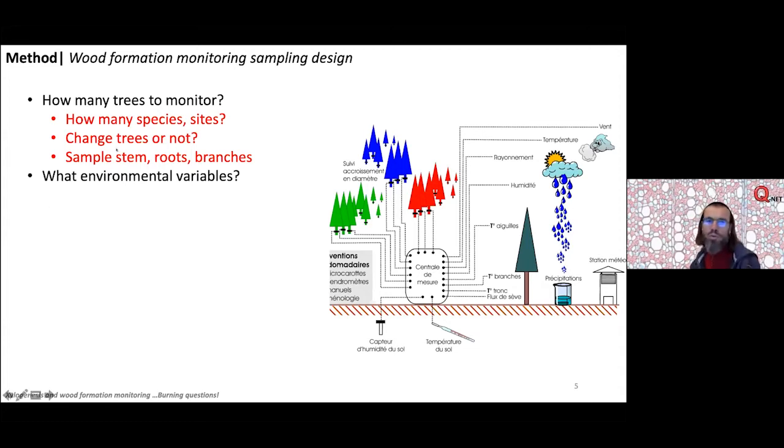And then we have also new questions like, shall we change our tree from one week to the next one, for example, or is it better not to do it? And also we have this question that all of us have, that usually we focus on the stem, but root and branches development is also very interesting.